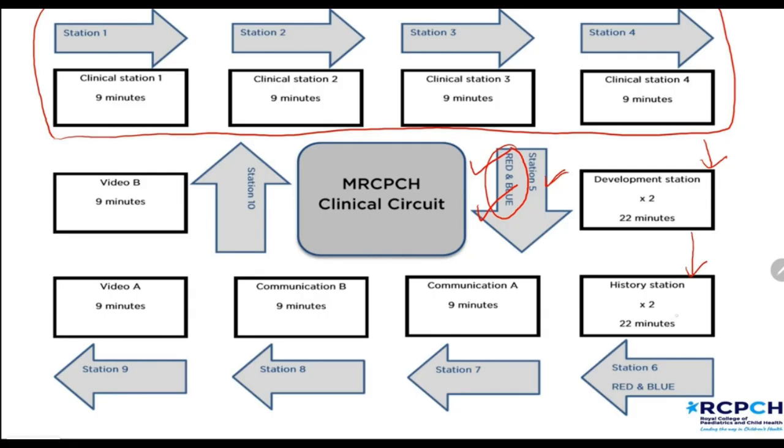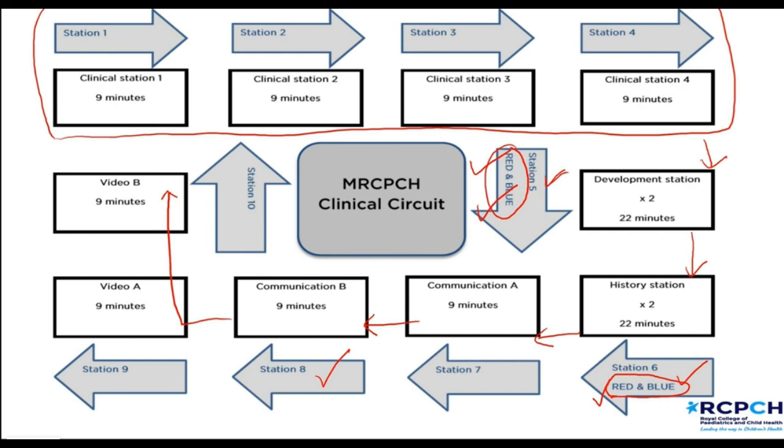These are also two stations which are running in parallel, so either red or blue. Candidate will be given either red or blue. Followed by the communication station A, and communication station B, that is station 8, and station 9 and 10 are video A and B. Okay, this is the clinical circuit.